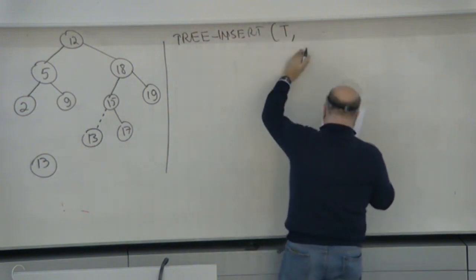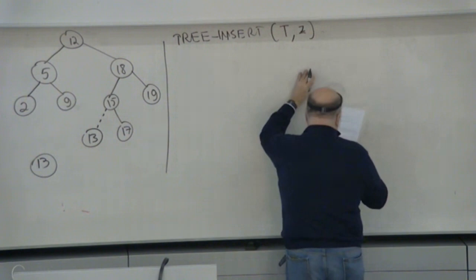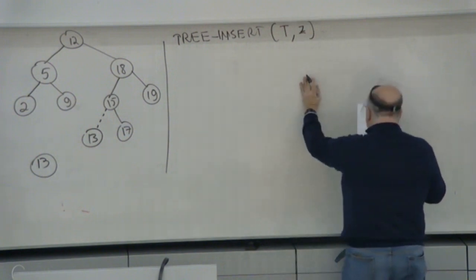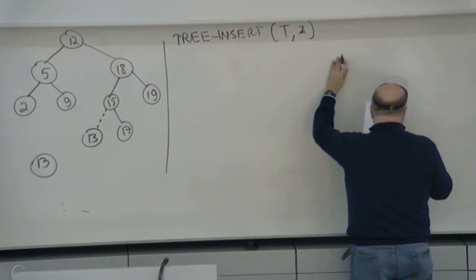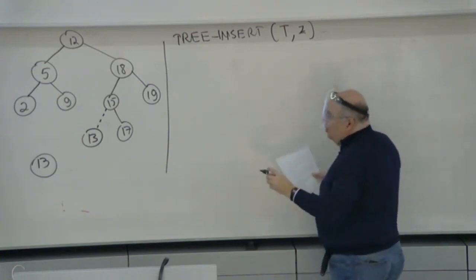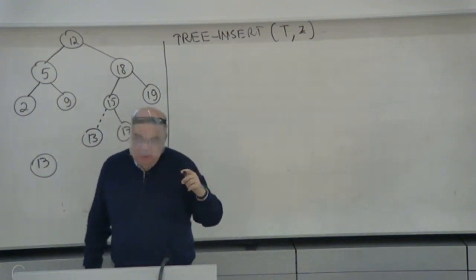It takes a tree T and a node Z. You can't insert a number; what you insert is a node.